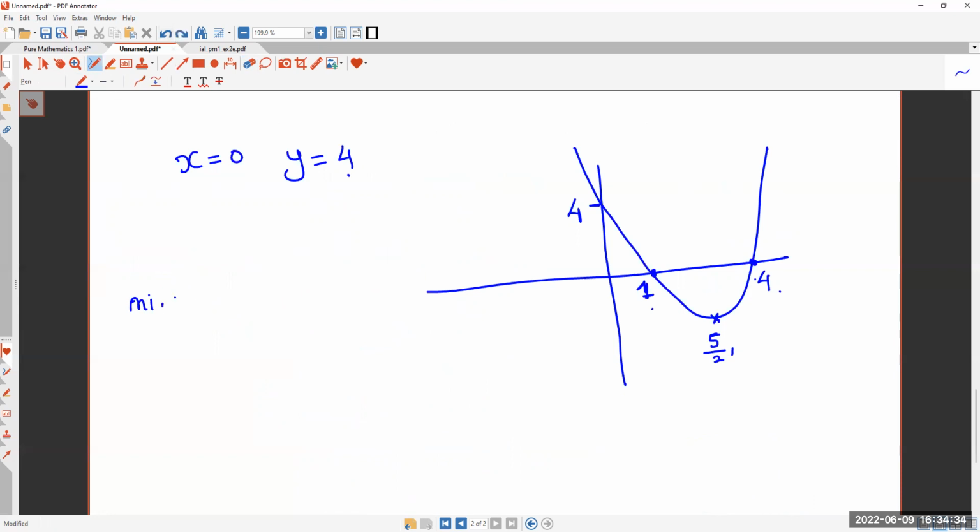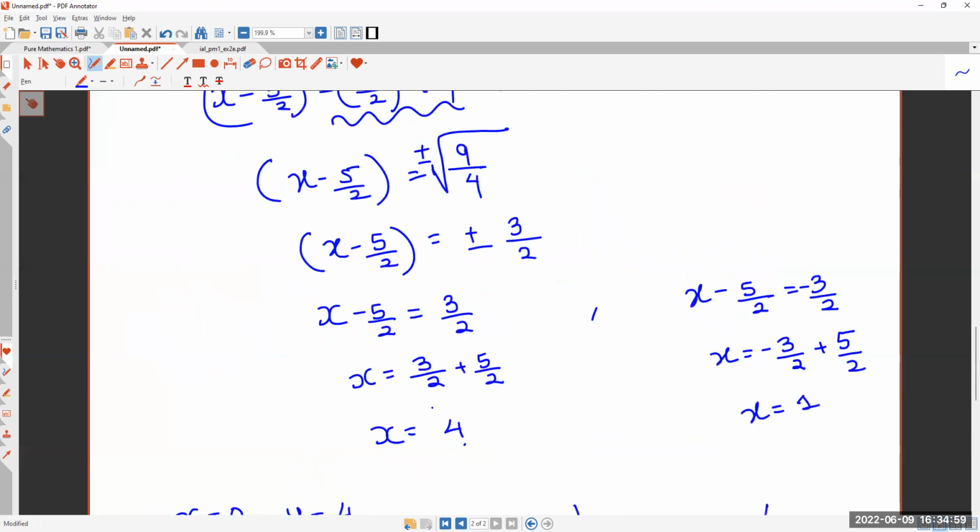For the minimum point, the minimum y value is going to be y equals 5 by 2 whole square minus 5 into 5 by 2 plus 4. Is it? Yeah. Now do this in your calculator.